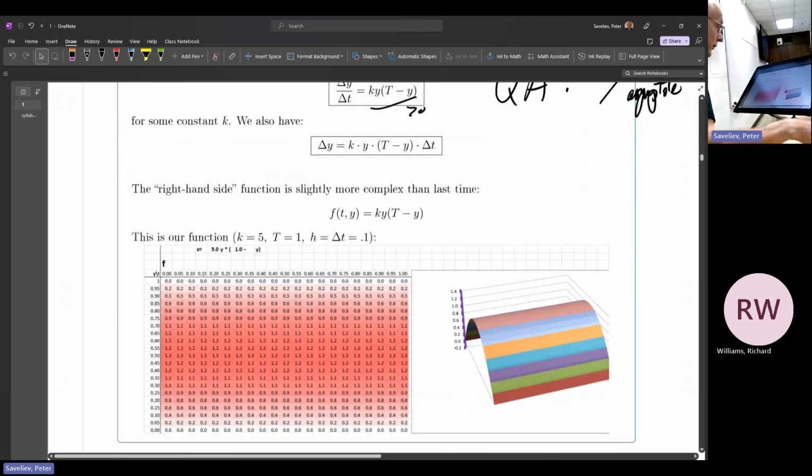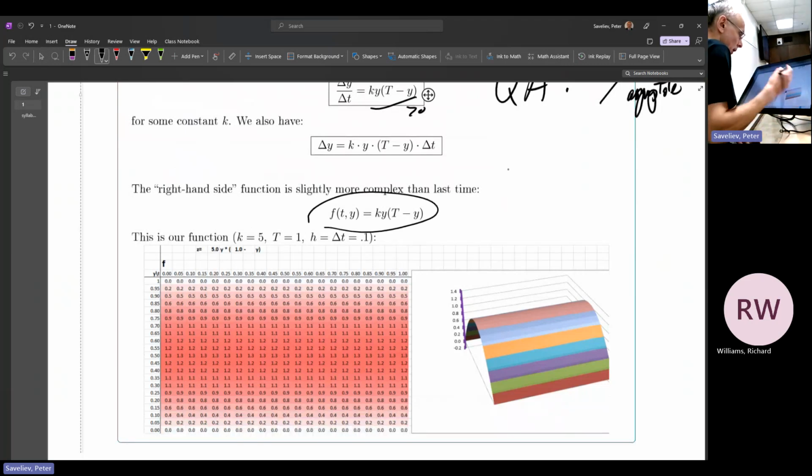So this function is plotted here, once again with coloring. In the previous example, we had white, pink, red, and here, as you can see, it's white, pink, red, pink, white again. So in the beginning, the growth is slow. Why? Because the population is low. At the top, why is the population growth slow? Because there is little room left.